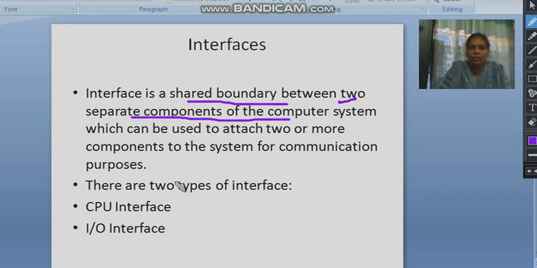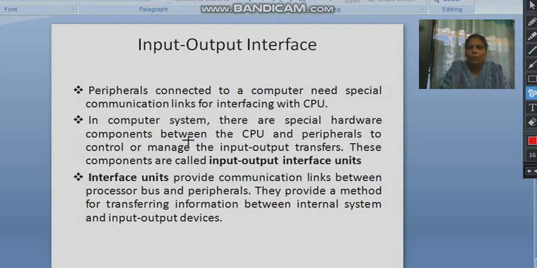There are two types of interface we can clearly see here: the CPU interface and the IO interface. These are the basic interfaces in our computer system.